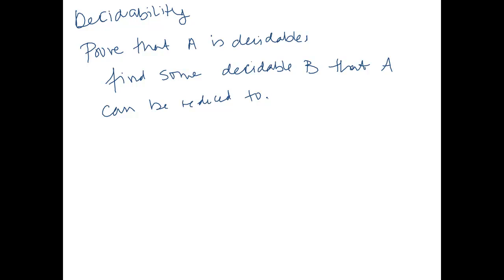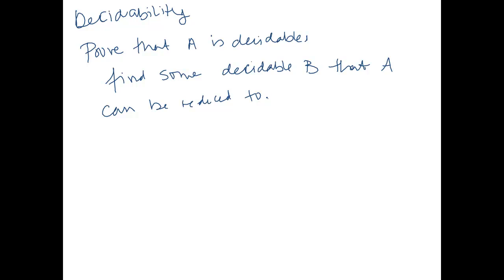If A reduces to B and B is decidable, A must be decidable. So if I can find some B that's decidable and that A is reducible to, then I can conclude that A is decidable. That's usually the easiest way to prove decidability.